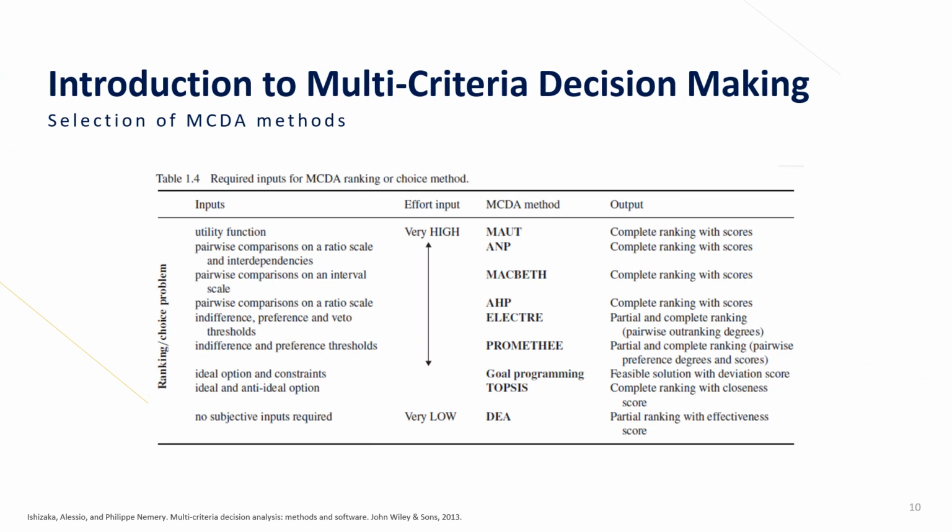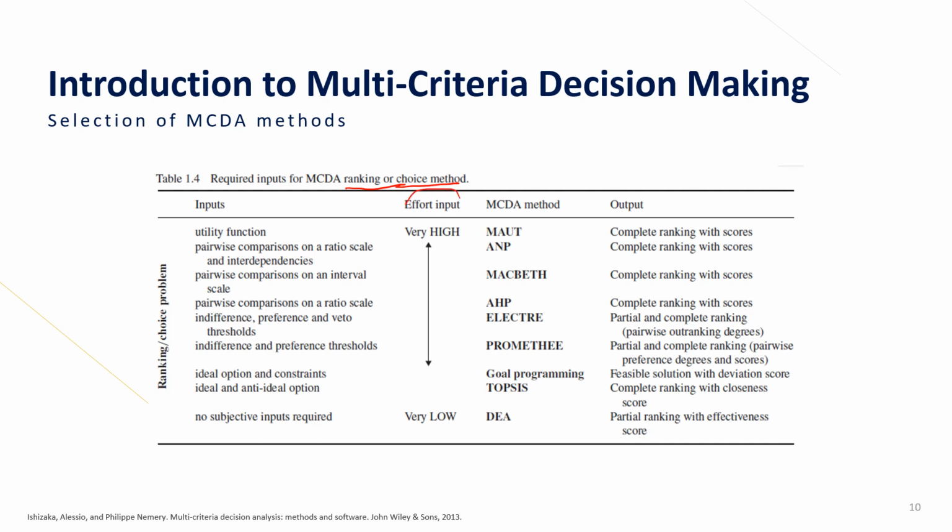Previously we already mapped the available MCDA software for each method. Now we will have a more detailed discussion on how to select which MCDA method is suitable for your problem. This will be separated into several types of problem. For example, this is for the ranking and choice methods.